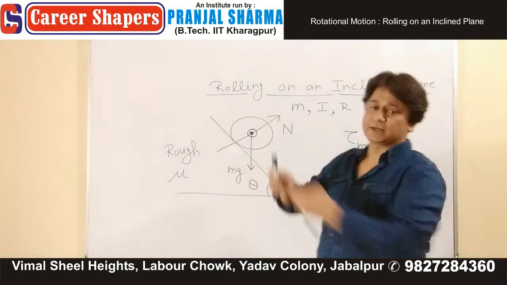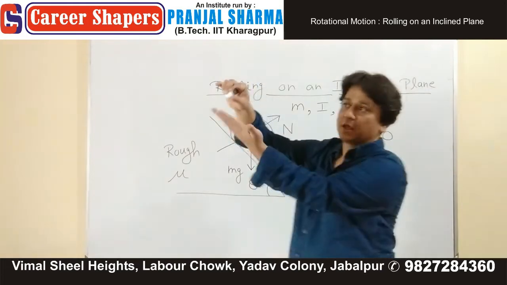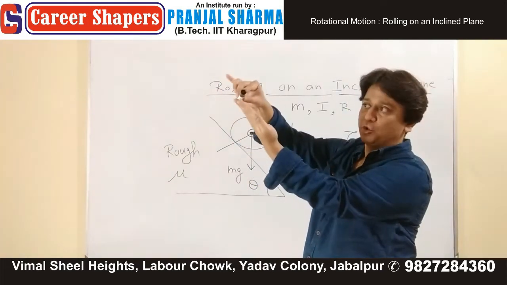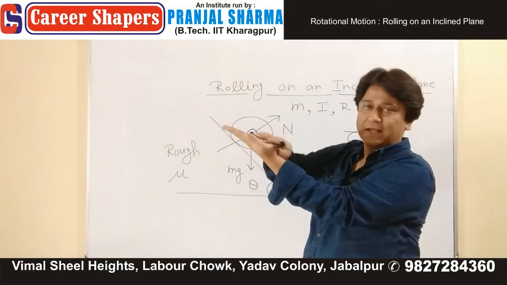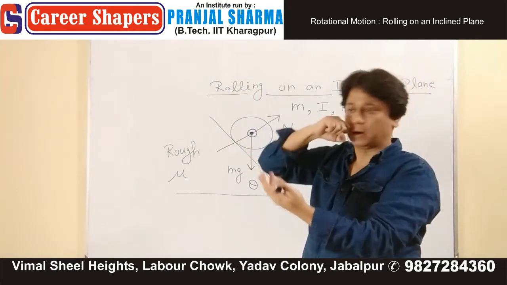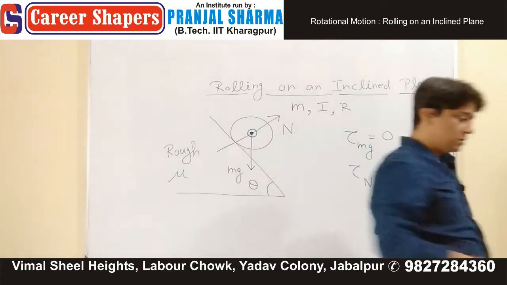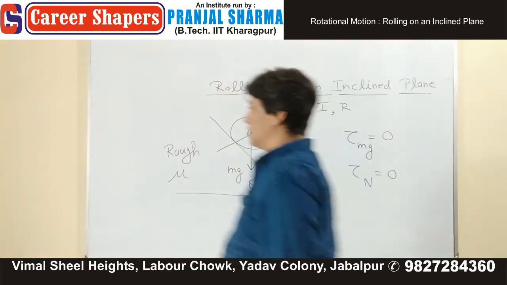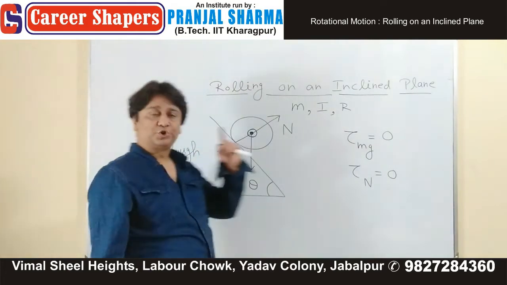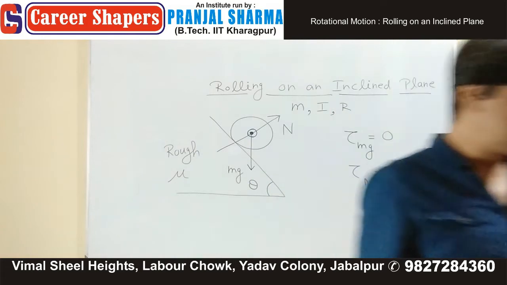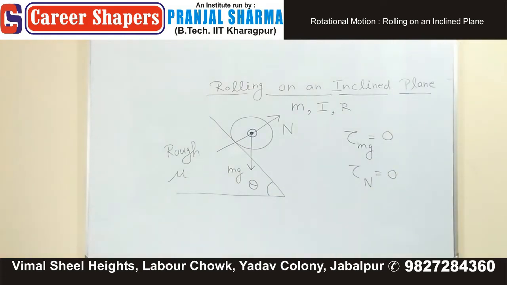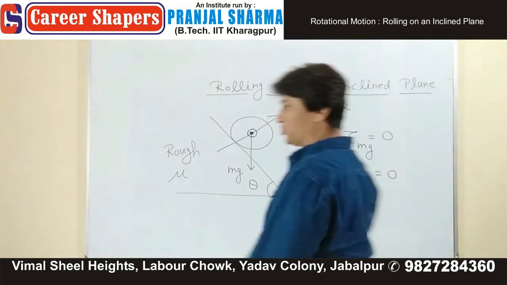As you release it, initially there is no rotational motion present. The moment I release it, I hope you can see the rotation part. So as it rolls down the incline, what is that which is providing necessary torque? Who will answer this? Good. This is friction.